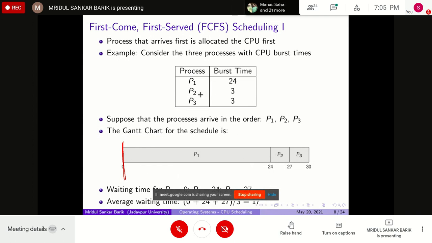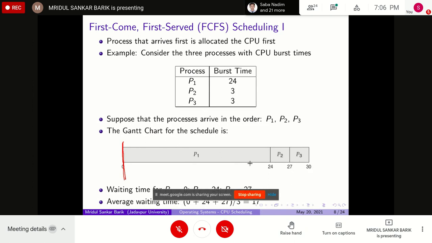Then process P2 would be scheduled next and execute for 3 time units. Process P3 would be scheduled next and execute for the next 3 units. This scheduling is typically described graphically using Gantt charts. From time 0 to 24, process P1 is scheduled; from 24 to 27, P2; and from 27 to 30, process P3.